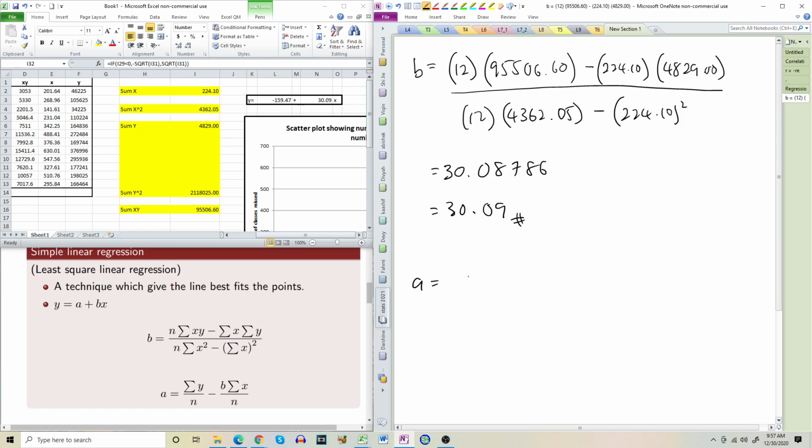So A is summation of y over 12 minus your B. Your B is, just now you computed, I take 4 decimal places. I think I have mentioned this earlier from the very beginning. If you want to use a number which you have computed before, you use 4 decimal places to get an accurate number.